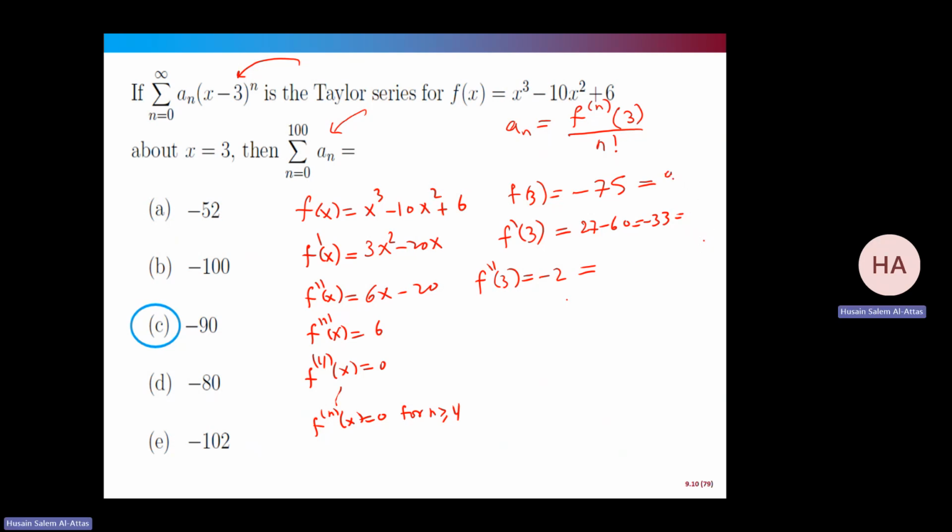This is A0 times 0 factorial, which is 1. That will not make a difference. A1 times 1 factorial. This is A2 times 2 factorial. Now, the third one, third derivative, R3, that will be 6, and that is a third derivative, A3 times 3 factorial.